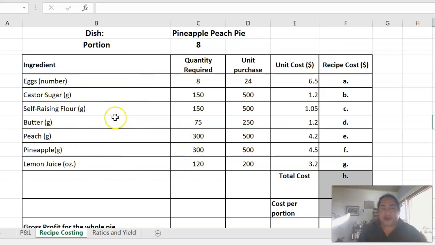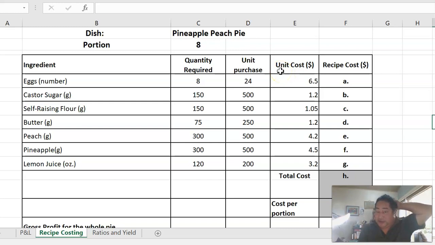For each ingredient in your project, you have to find out the details. The portion size is 8. We say portion size because if someone wants to buy the whole pie dish, say at the Holiday Inn, they can buy the whole pie dish, or they can buy 2 portions or 1 portion. You can sell it as a portion or as a whole dish, it depends.